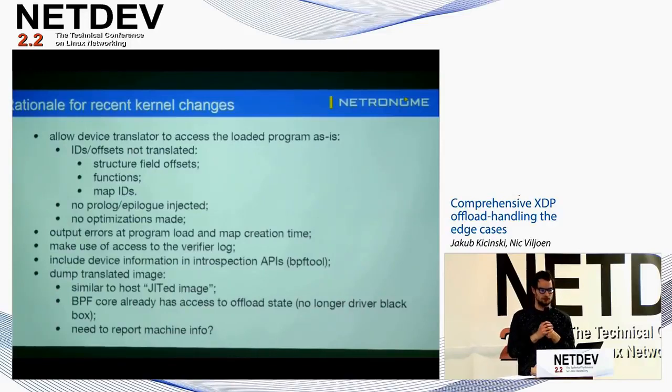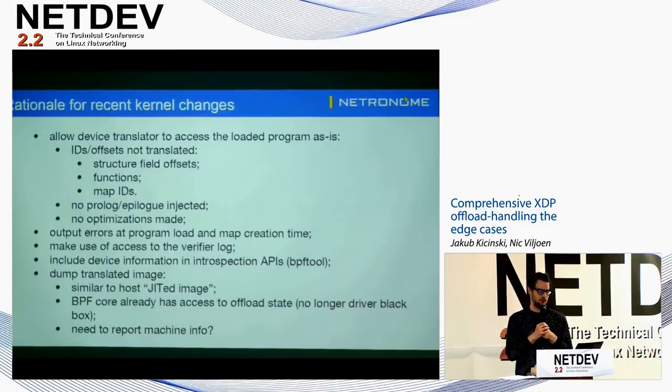The other problem is that when we load the program onto the device, there is really no flexible way to report errors. The verifier log, as much as some people may say it's deficient, is actually quite useful and flexible to just output errors or information as we translate or verify the program.